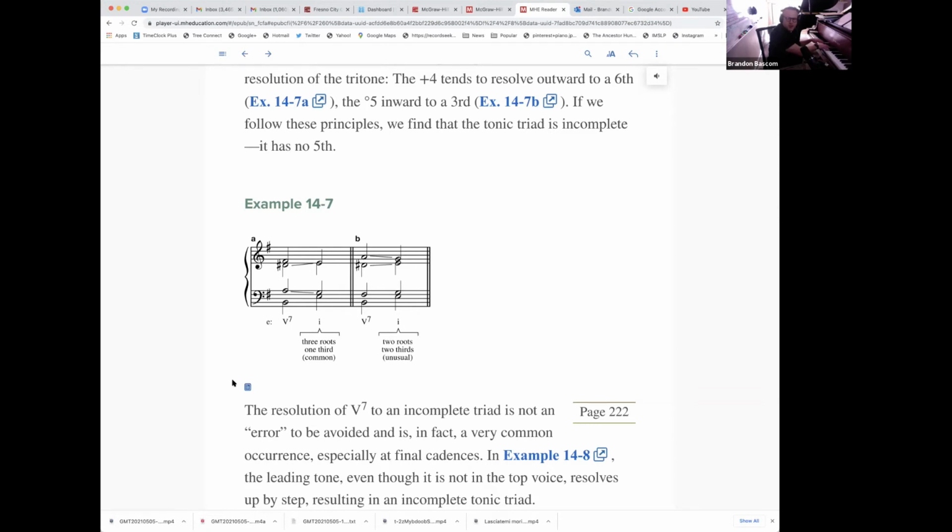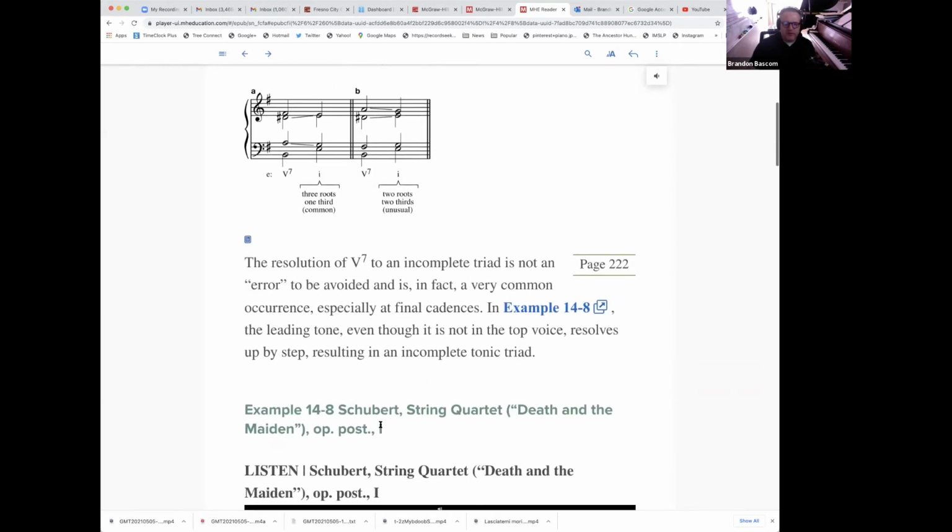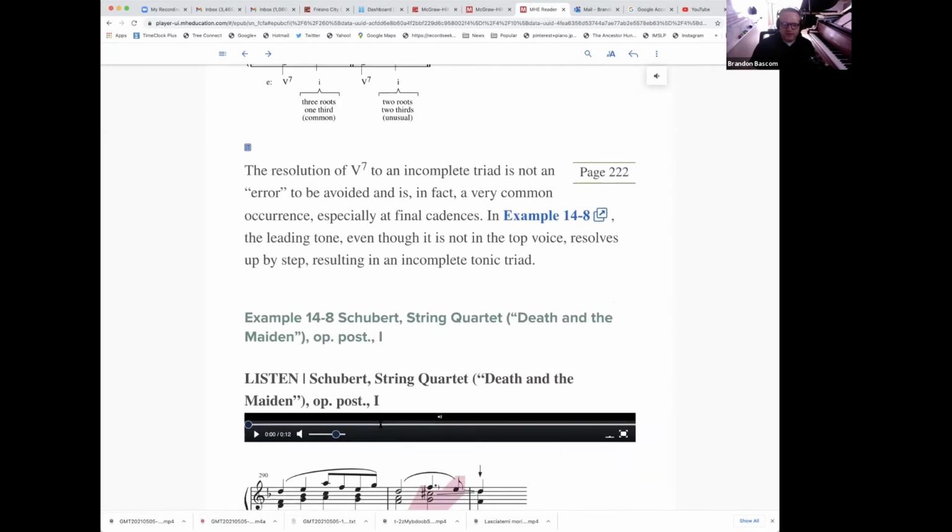And we have two roots, two thirds. Very unusual. We have omitted the fifth. The resolution of 5/7 to an incomplete triad is not an error to be avoided and is, in fact, a very common occurrence, especially in final cadences.